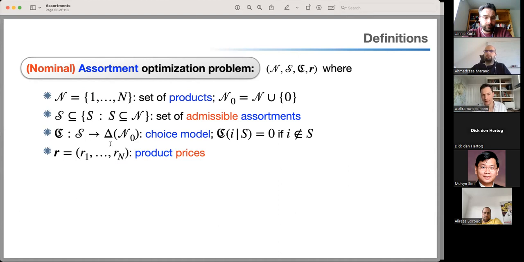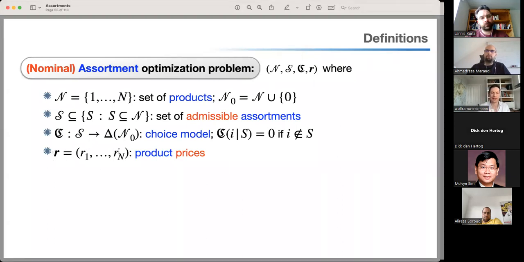If you evaluate C given S for some assortment, then C_i given S is the probability that a customer chooses product i if we show the assortment S, where i is part of the assortment. So that's the choice model in very abstract generic terms for now.